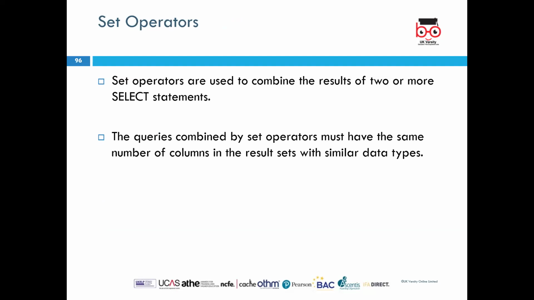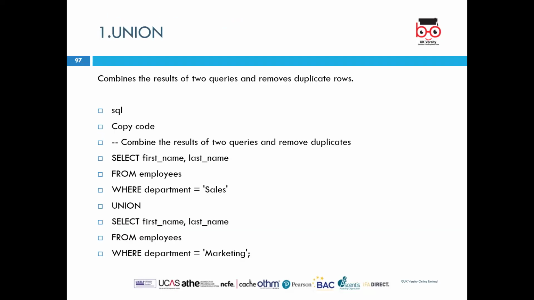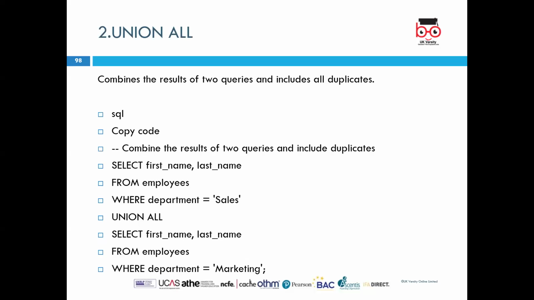Set operators are used to combine the results of two or more select statements. Union combines the results of two queries and removes duplicate rows. Union all combines the results of two queries and includes all duplicates.